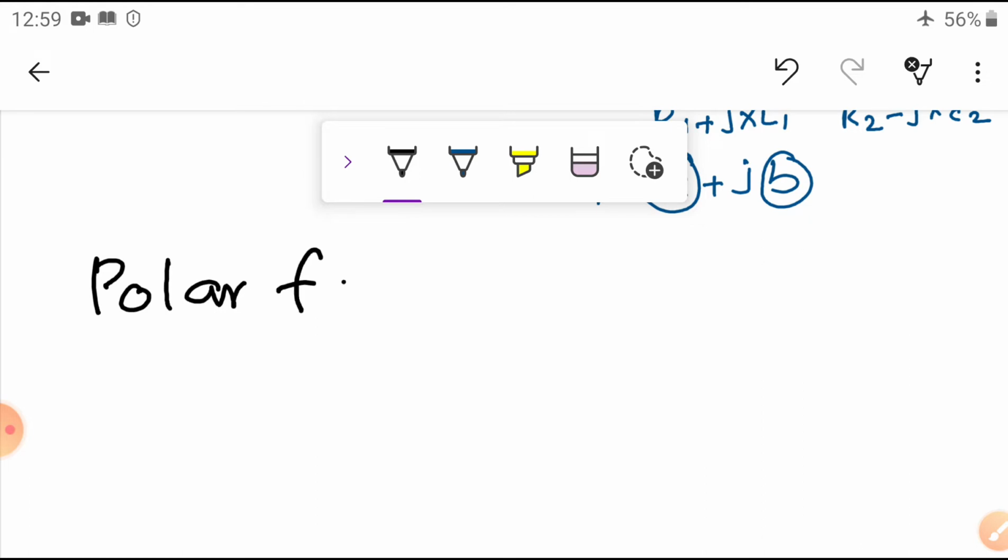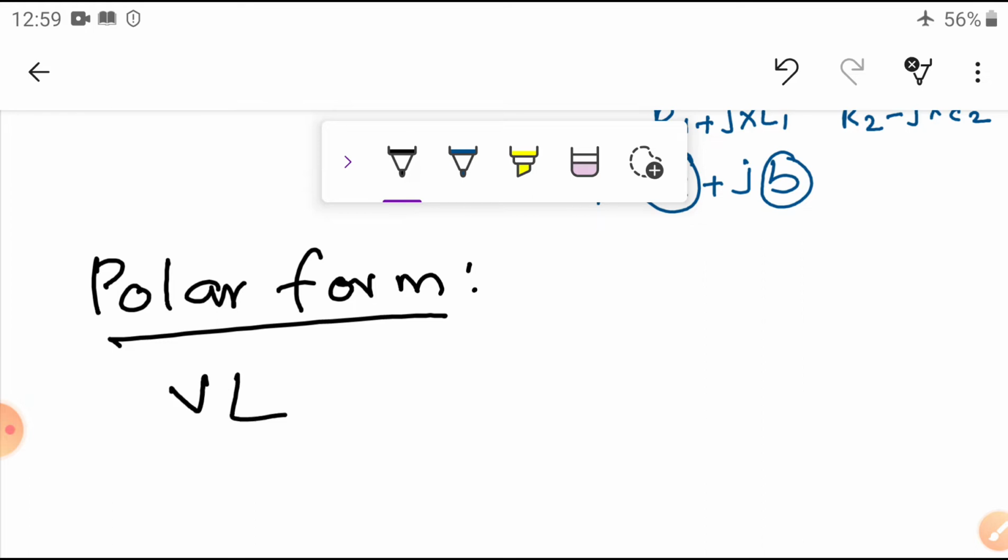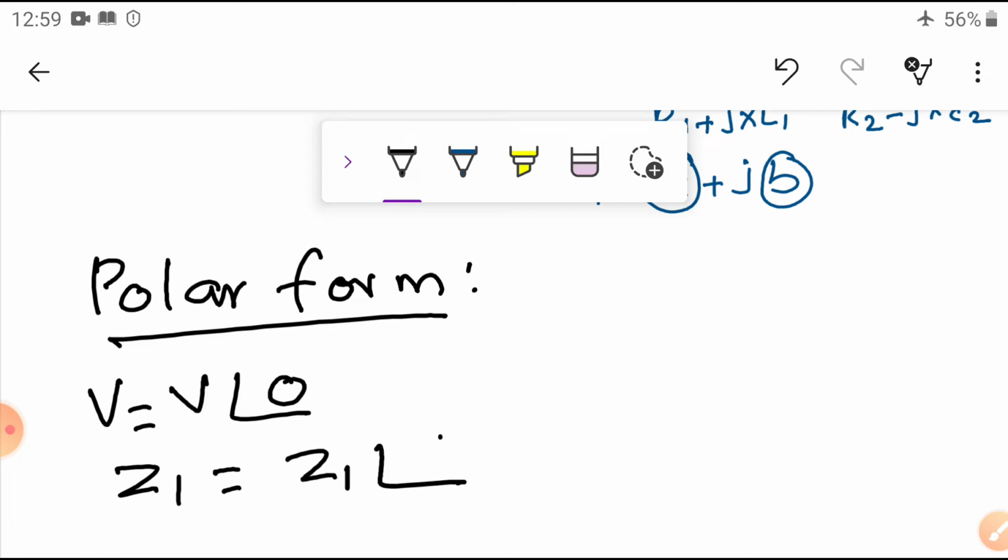Polar form, just angle. So here, what is the voltage? We take V at an angle of 0 degrees as reference. V is equal to V at an angle 0. Z1, whatever you calculated, so Z1 at an angle of phi 1. What is Z1?